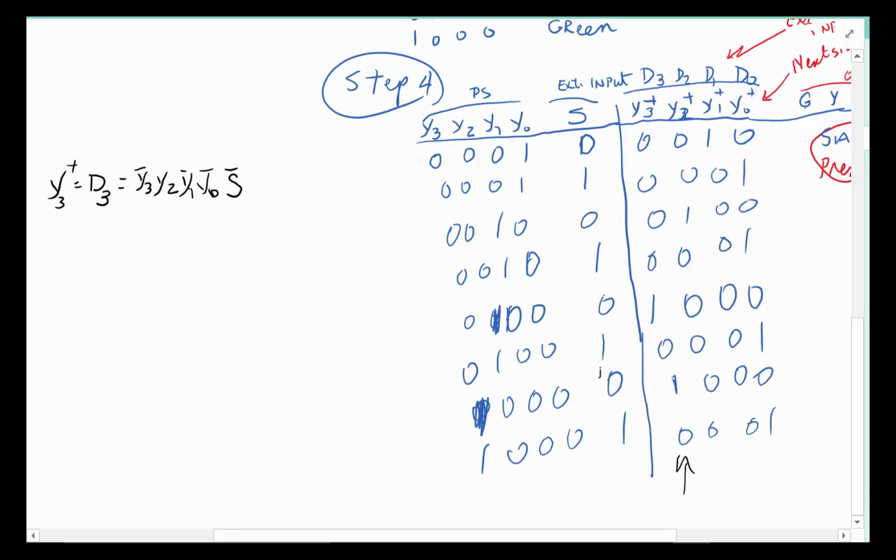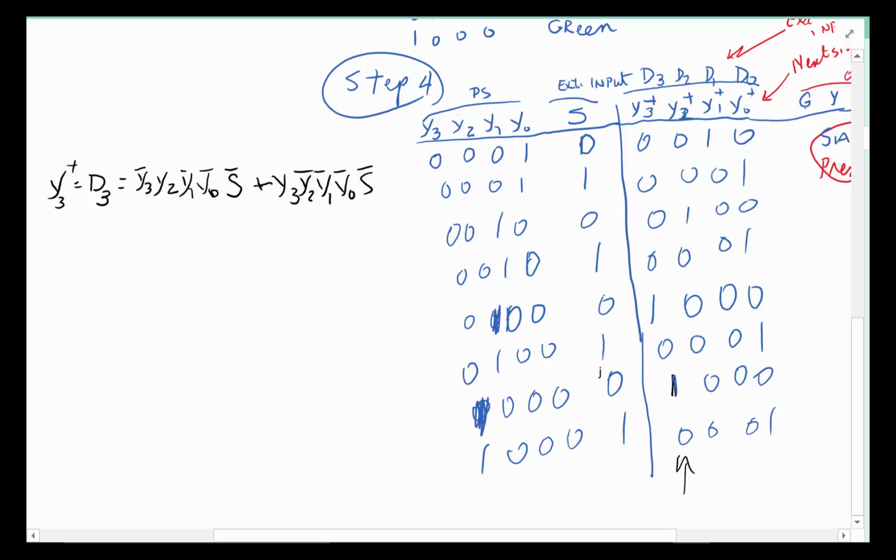And then the other place is right here where it's a 1, and that is where Y3 is on, and then everything else is off, and S is off.